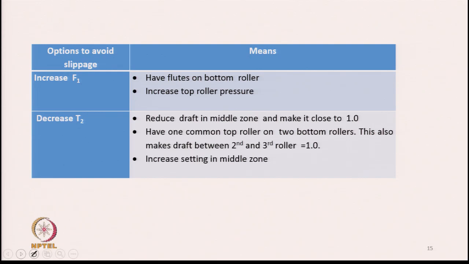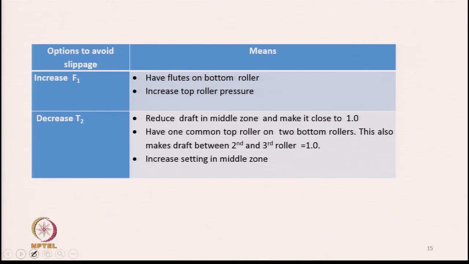We want to make the bottom roller surface more and more rough, and hence flutes need to be designed. That is why the bottom roller surfaces are not smooth; there are flutes or grooves on the surface, and there are many types of groove design. The idea is, by having grooves we are trying to increase friction between the fiber and the bottom roller.